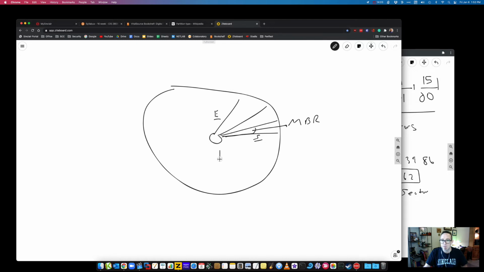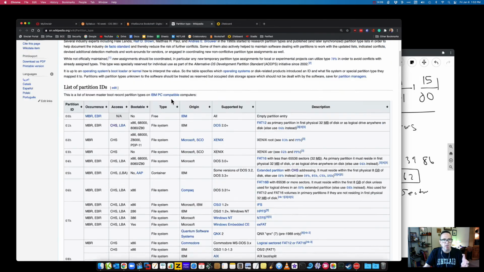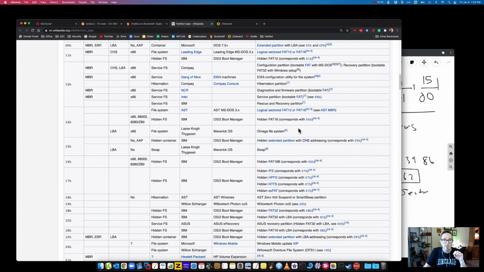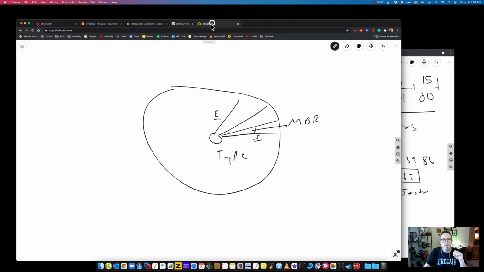The type. Is it FAT32, NTFS? Again, a partition table, which you find a lot of these in reference, will tell us what it is. And then it'll tell us where our FAT table starts. So where our FAT table is, maybe it's up here, our file allocation table, and how big it is.